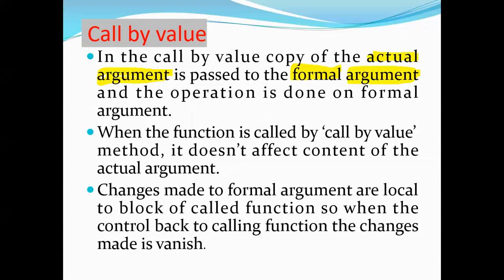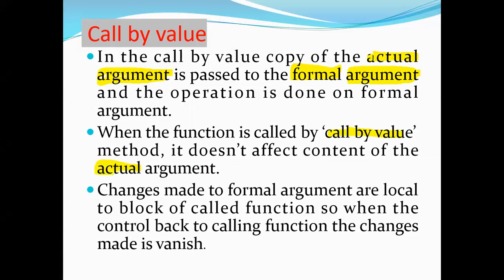Call by value. When the function is called by the call by value method, it does not affect the contents of the actual arguments. The actual argument will not be reflected, will not be changed.